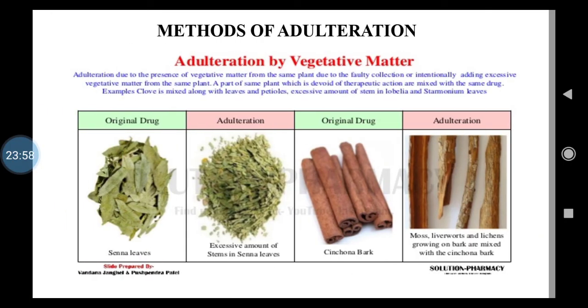Then the next method is adulteration by vegetative matter. The organic matter can be obtained from the same plant, and that can be mixed with the original drug.